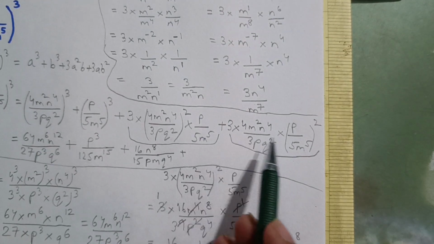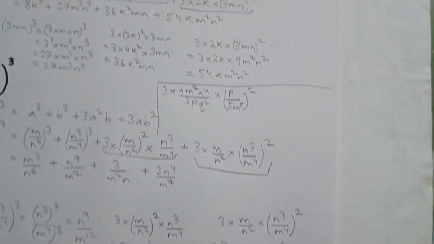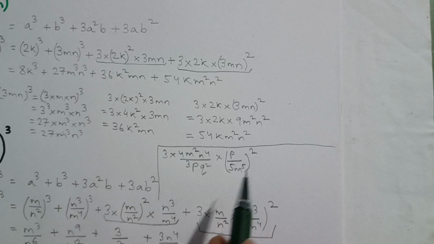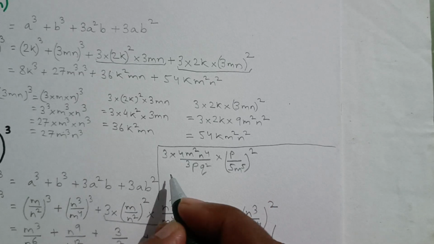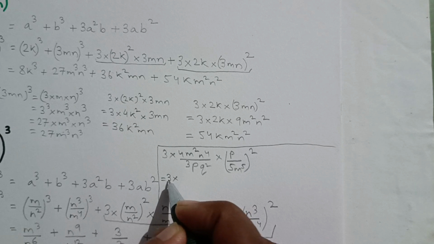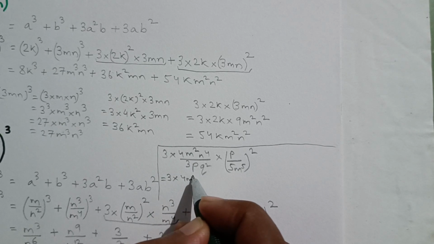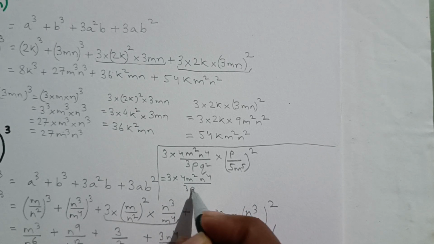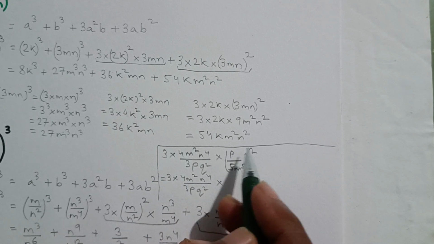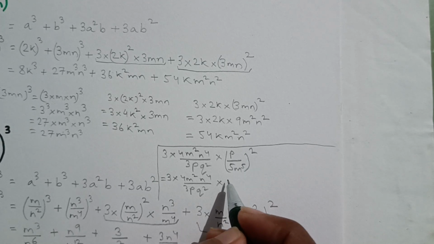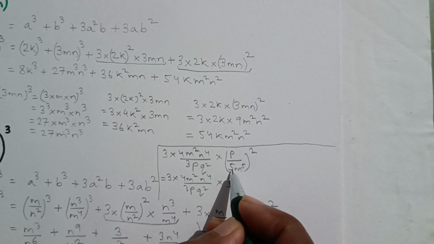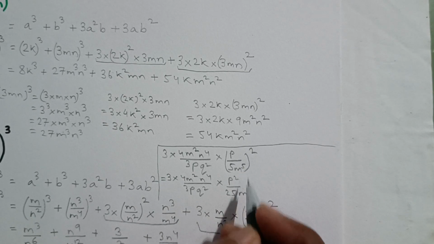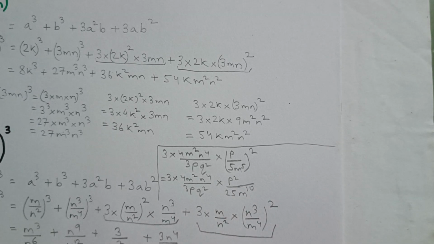This expression I have noted it over here. And let us do the working and find the value of this expression. So it will be 3 into 4 m square n to the power 4 upon 3 pq square into, this will be p square upon 5 square is 25 m to the power 5 into 2 is 10, so m to the power 10.